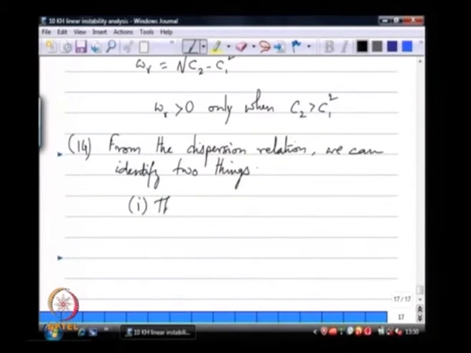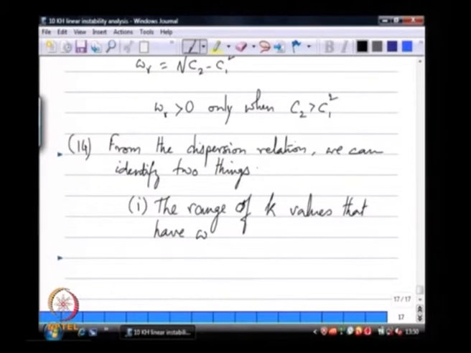One is the range of k values that have omega r greater than 0.